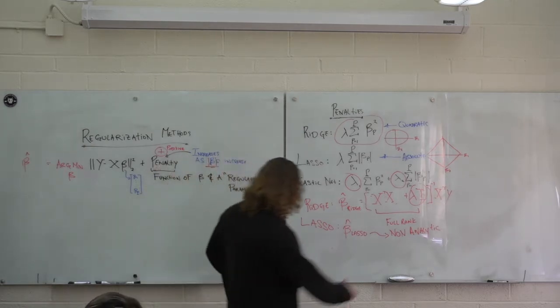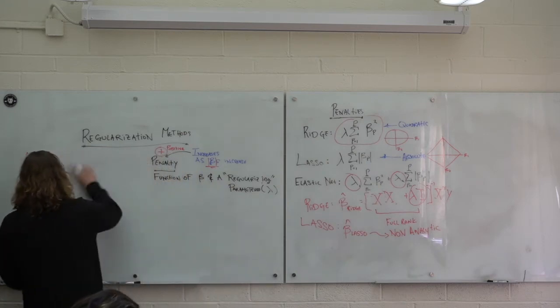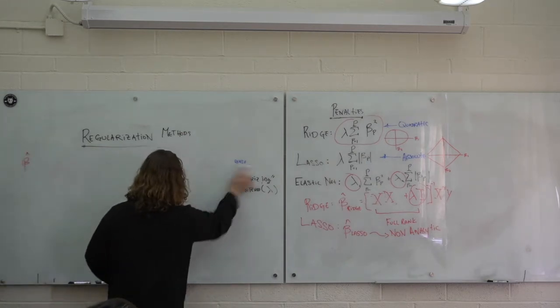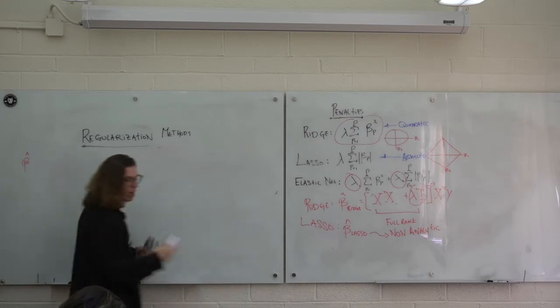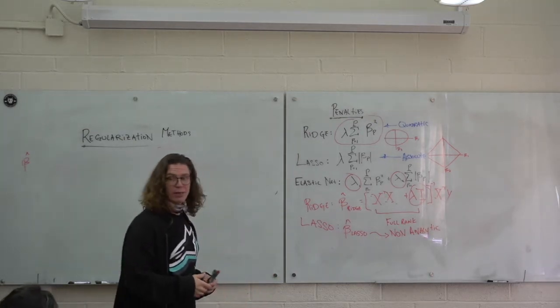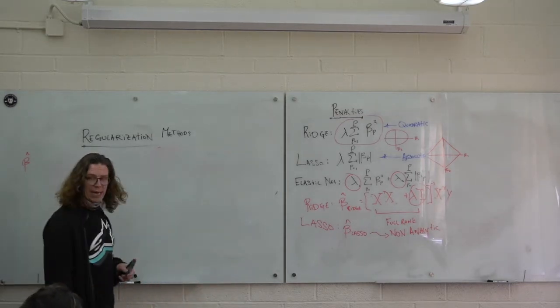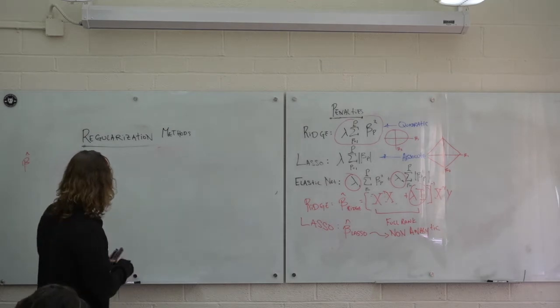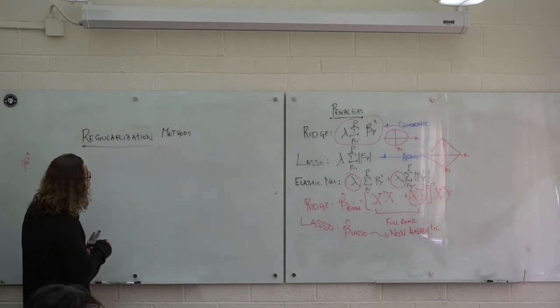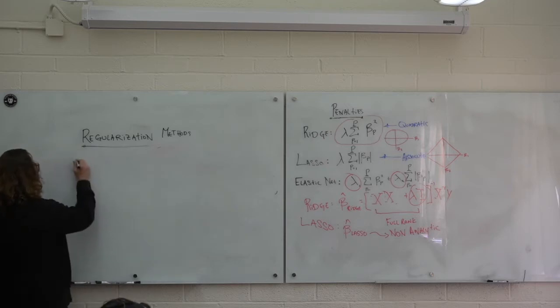Now I will say a few things about the Bayesian interpretation again. The Bayesian thinks about this a little bit differently than the optimizer. The optimizer is just looking for the argument that minimizes that objective function plus the penalty. But the Bayesian thinks about it slightly differently.